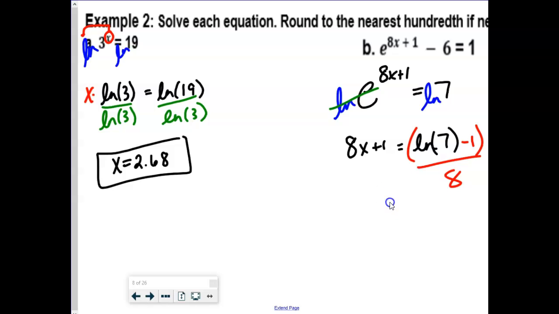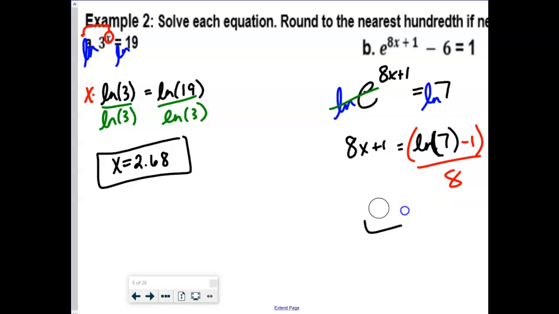I made a mistake. Uh-oh. Could be a me thing. This isn't 0.7. It looks like 0.7. Natural log of 7 minus 1. Is it not 0.7? No, because I didn't put them in parentheses? The whole natural log in parentheses.